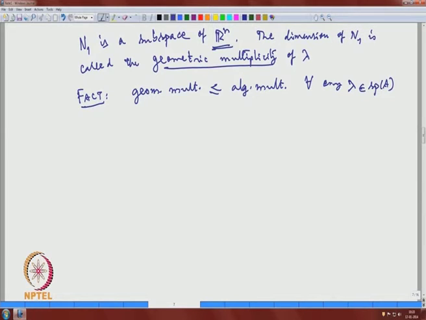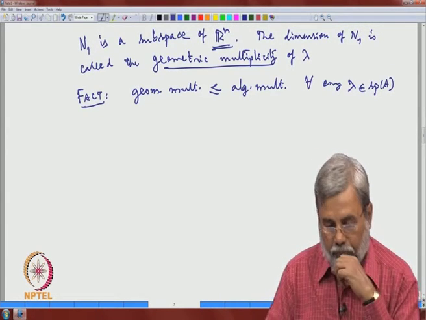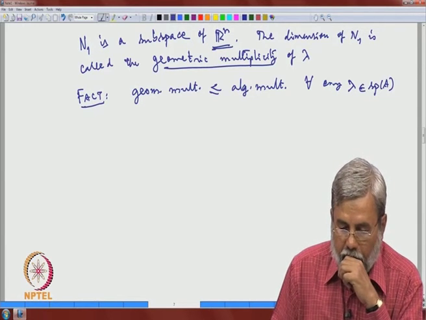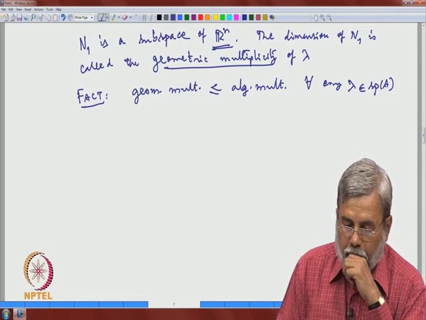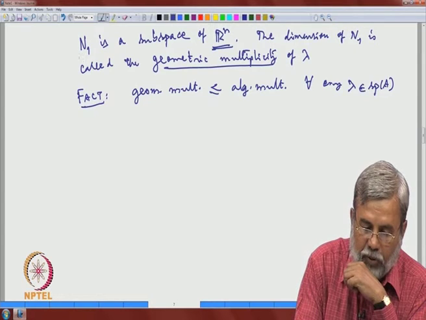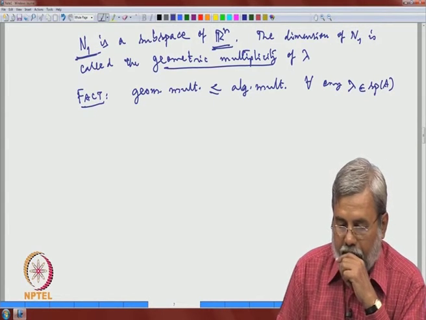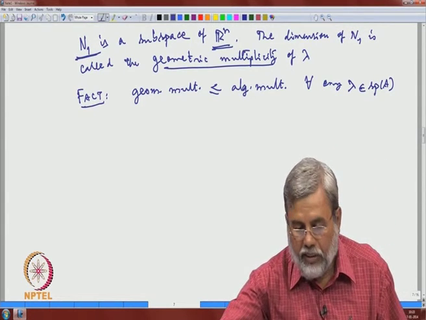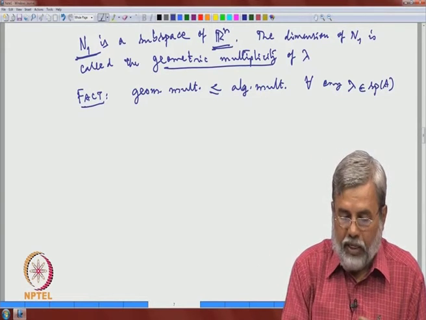Okay. So, the good case is when geometric multiplicity is equal to algebraic multiplicity, then we will have a sufficient number of eigenvectors spanning this subspace N1, and the difficult part is when this is a strict inequality. Okay.